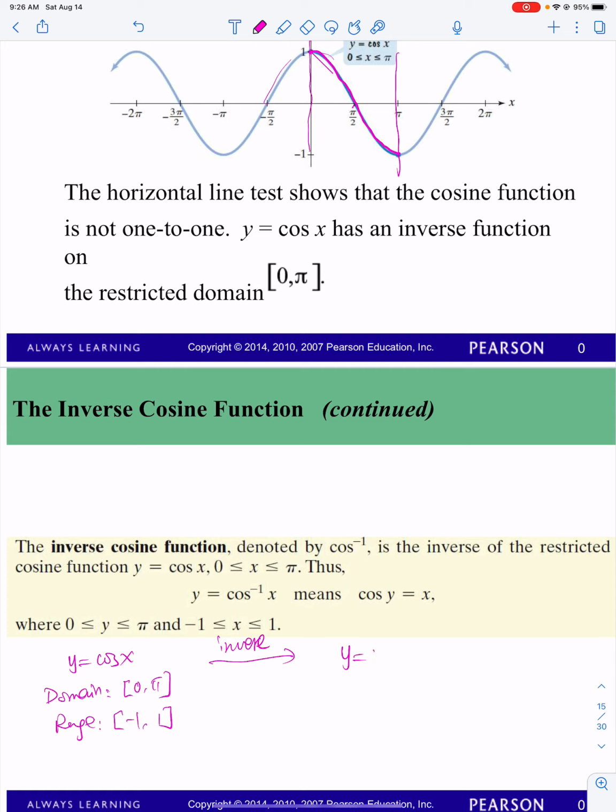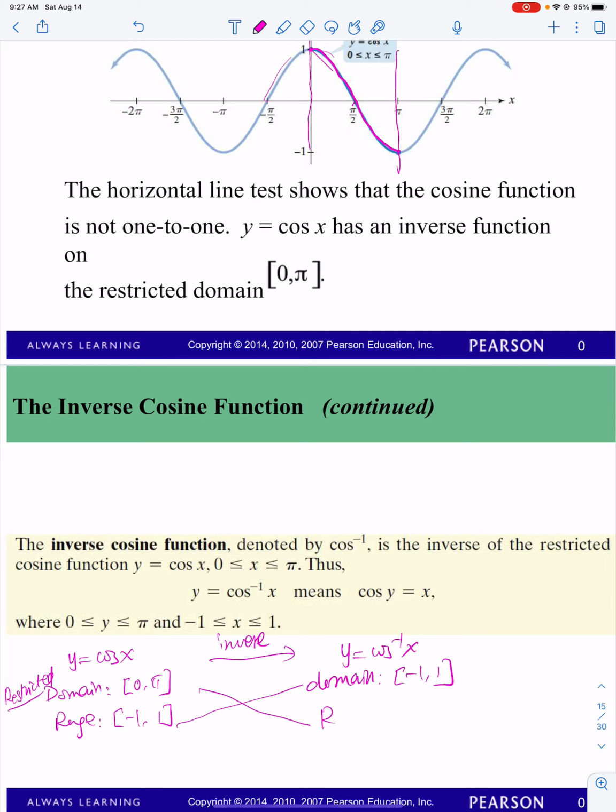Okay, so y equal to cosine inverse x. This is restricted domain. Then what will be the domain? The domain is always from negative 1 to 1. The range will be from 0 to pi.